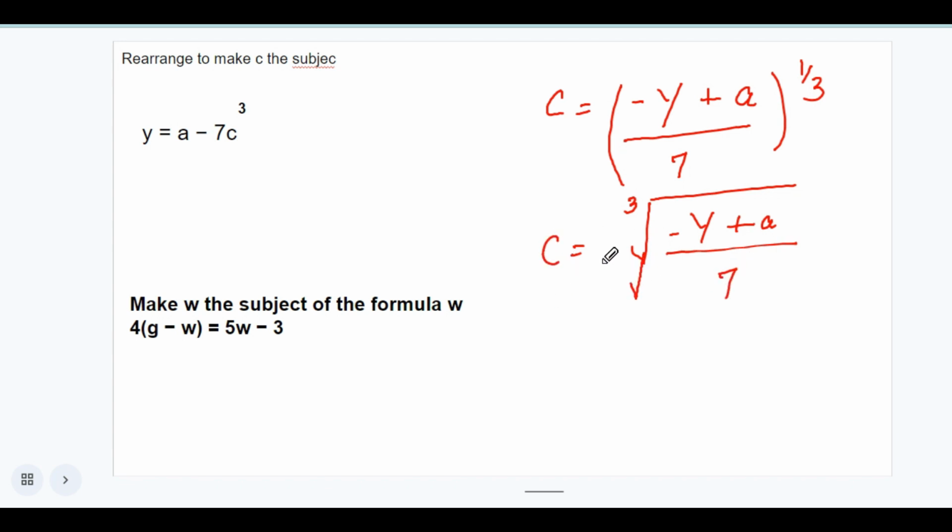This is called cube root, means 1 by 2 can be written like this, square root, and 1 by 3 can be written just a little 3 near the root, and in the same way 1 by 5 can be written like this. So this is the way of writing your roots. But the thing is same. 1 by 3 is same as cube root. So this is your answer now.